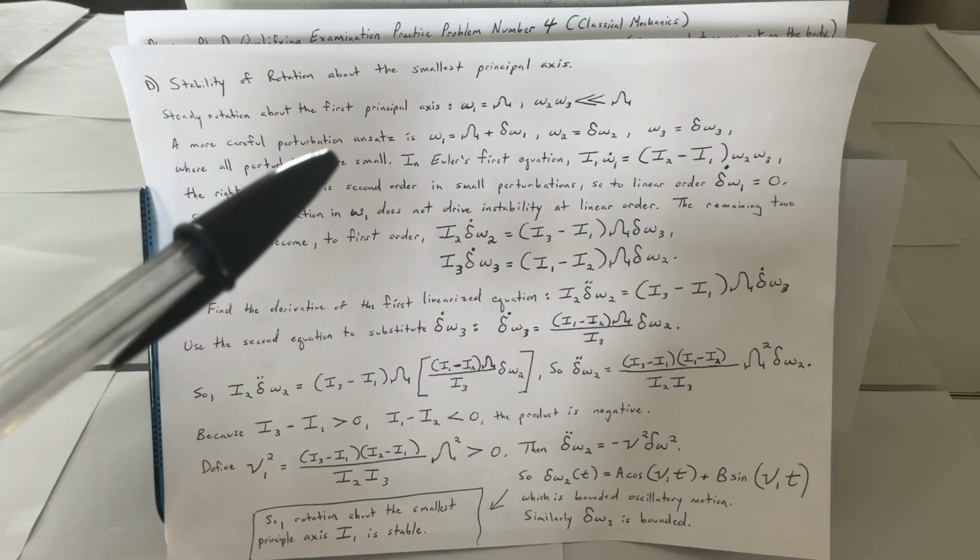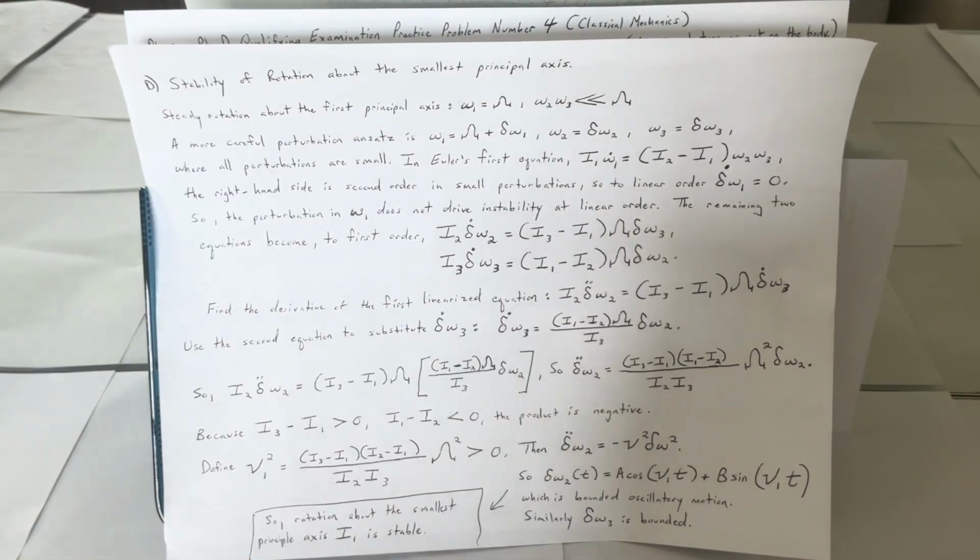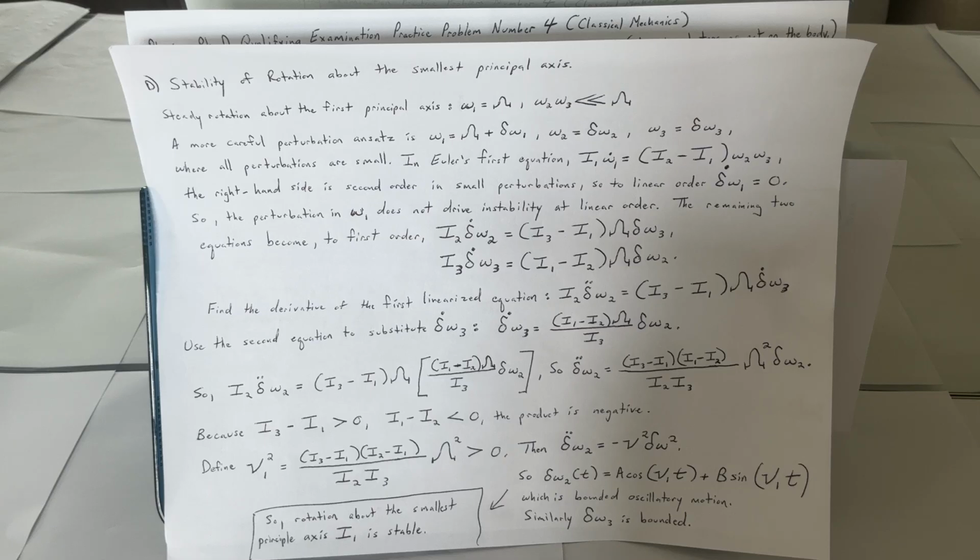And a more careful perturbation ansatz is omega sub 1 equals capital omega plus delta omega sub 1, omega sub 2 equals delta omega sub 2, and omega sub 3 equals delta omega sub 3, where all perturbations are small.